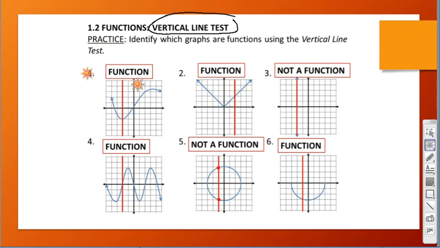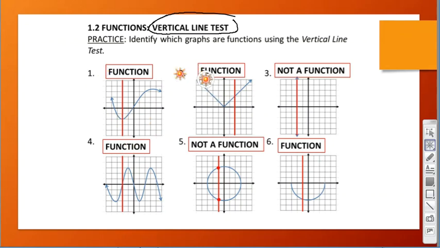So if we look at number 1, you can see when we pass this vertical line through here, we can pass it anywhere along this graph, and it's never going to touch more than one point at a time. And so we would say that this is a function.